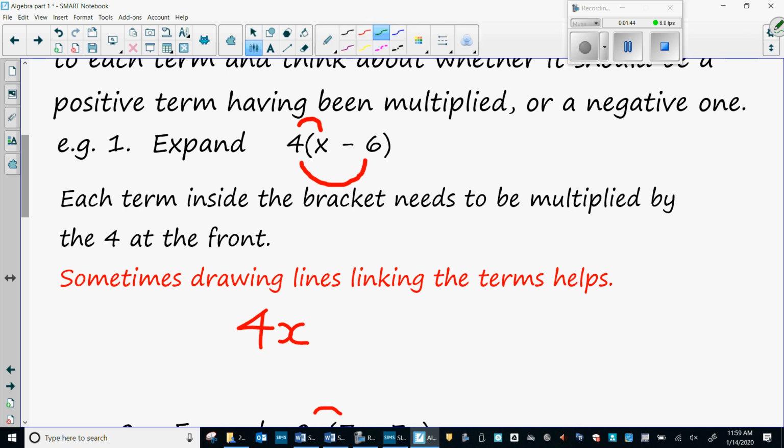We're then going to multiply the 4 and the negative 6. What's 4 lots of negative 6? Negative 24. So we've got our final answer, hopefully very straightforward, of 4x minus 24.